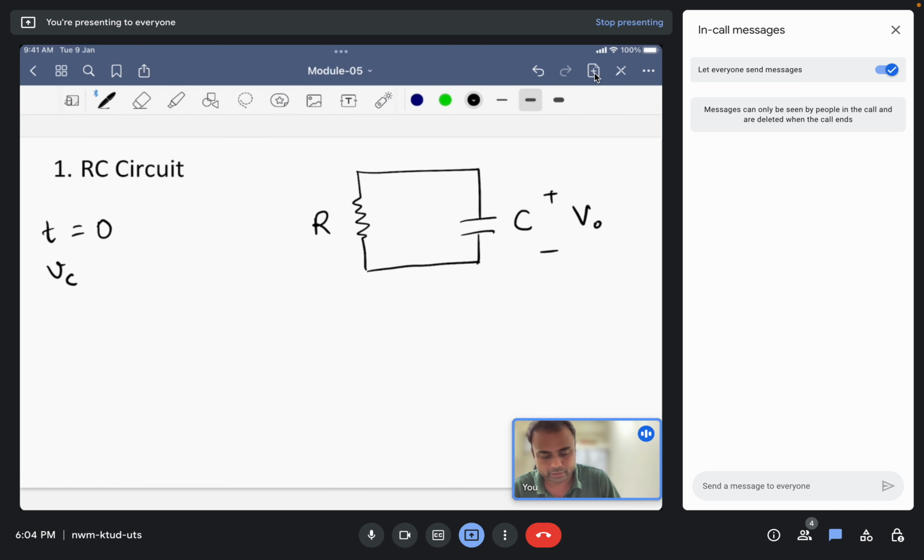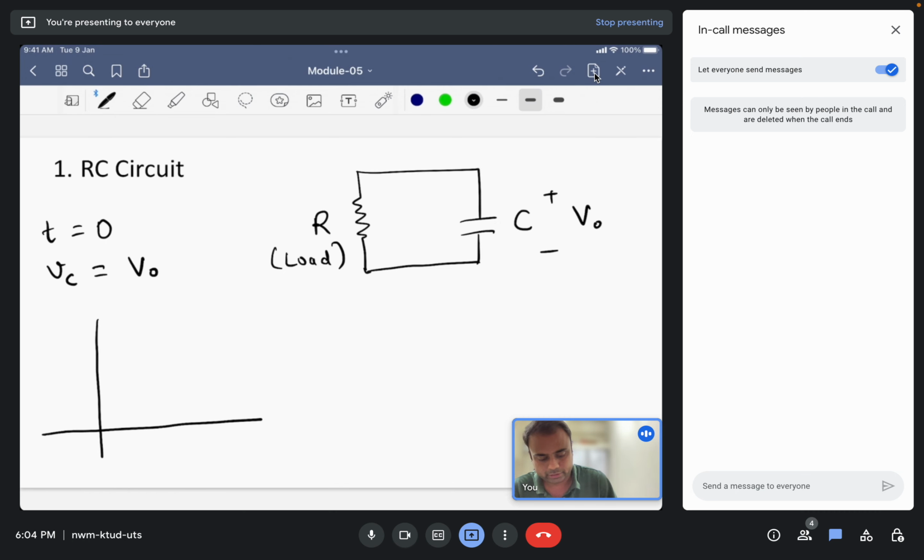So we can say that Vc is equal to V0 at time t equals 0. We already know that the basic property of a capacitor is to discharge with respect to time. Since a resistor can also represent a load, and there is a load connected across the capacitor, it will soon start to discharge as the circuit gets completed. And we already know the plots.